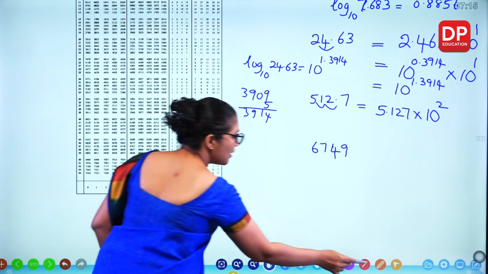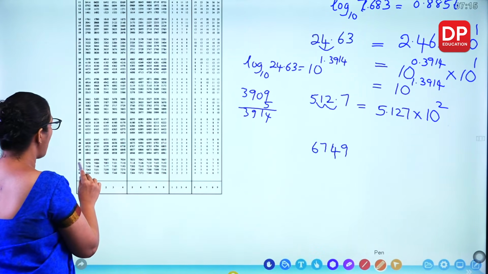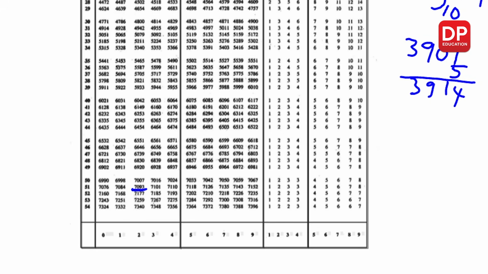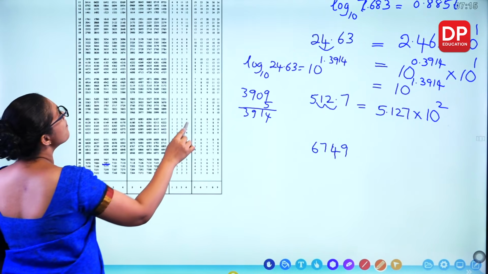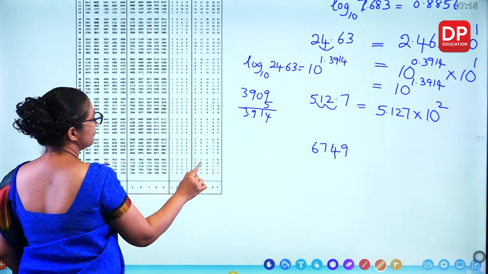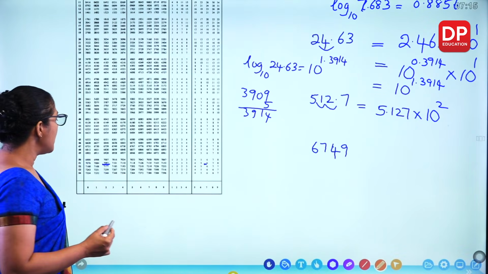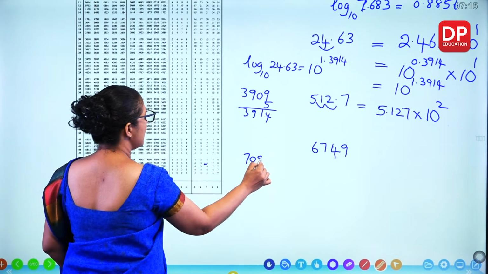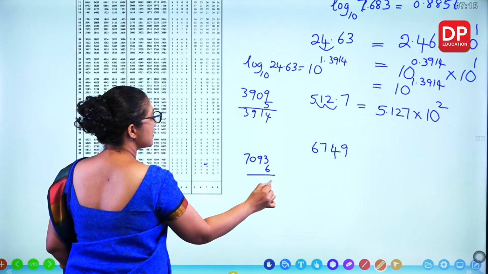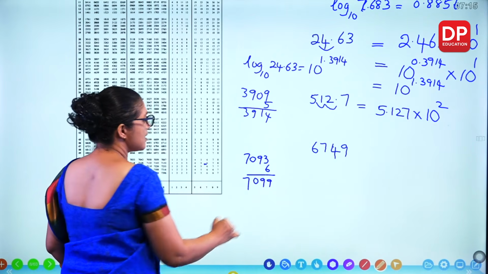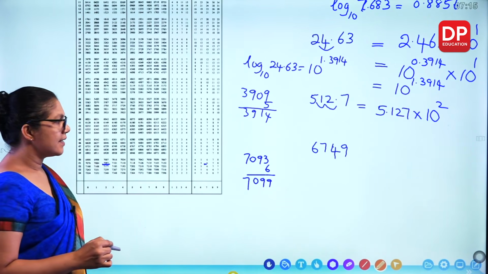So I'll mark it 51, 2 and 7. 7 from this column. So you get 6. 7093 plus 6. You get 7099.